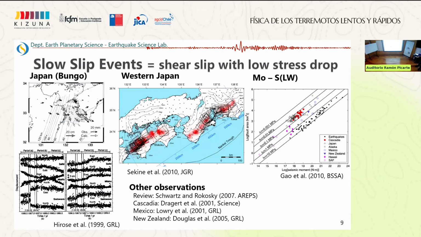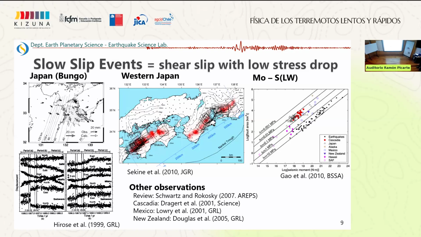This is the first discovery in 1999. This is Bungo channel, the same as the slow slip event I explained. After the discovery, many slow slip events were discovered in Japan and also in many other subduction zones: Cascadia, Mexico, New Zealand, Costa Rica, now Chile, and in many places similar slow slip events have been observed.